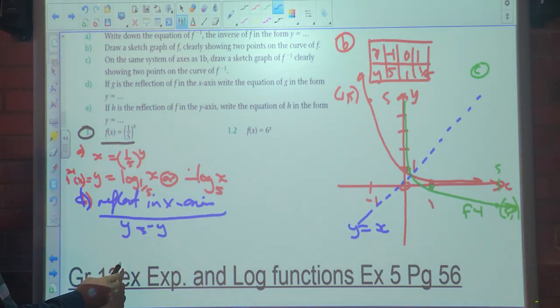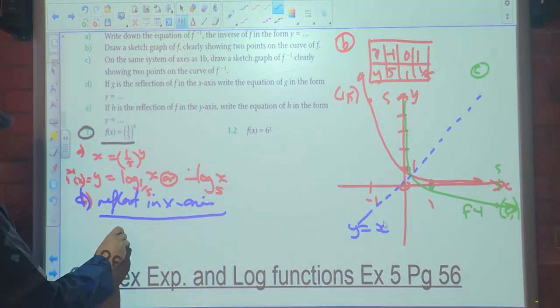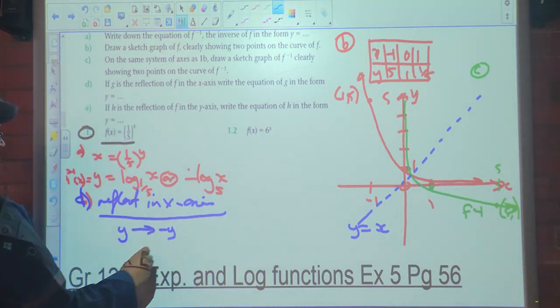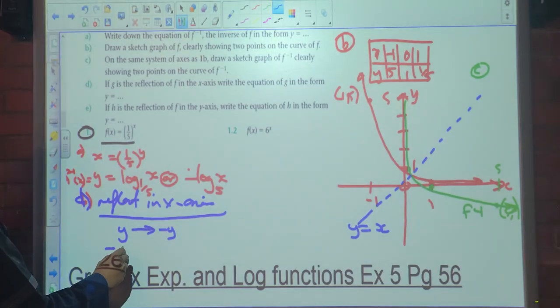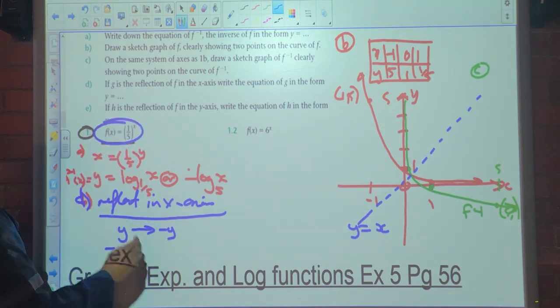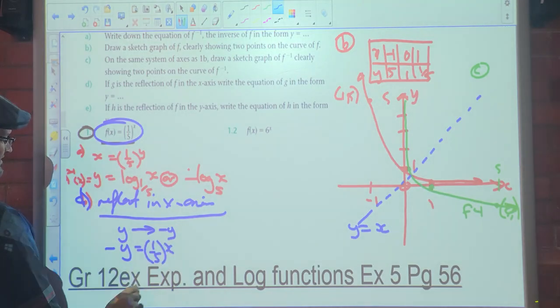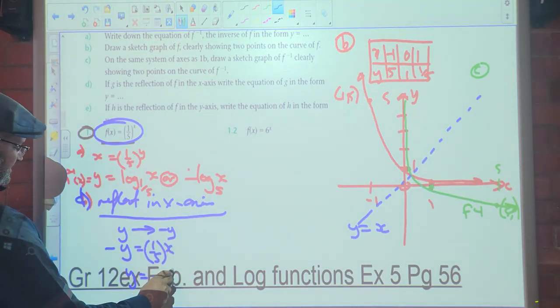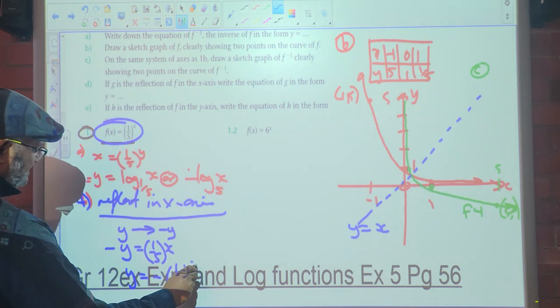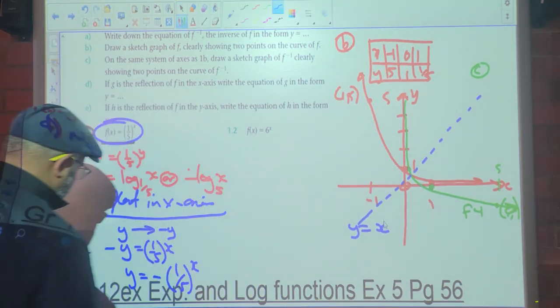So if G is a reflection of f, f is this equation, so negative y is equal to 1 over 5 raised to the x. So y is equal to negative, open brackets, 1 over 5 to the x. And this is the equation of g of x.